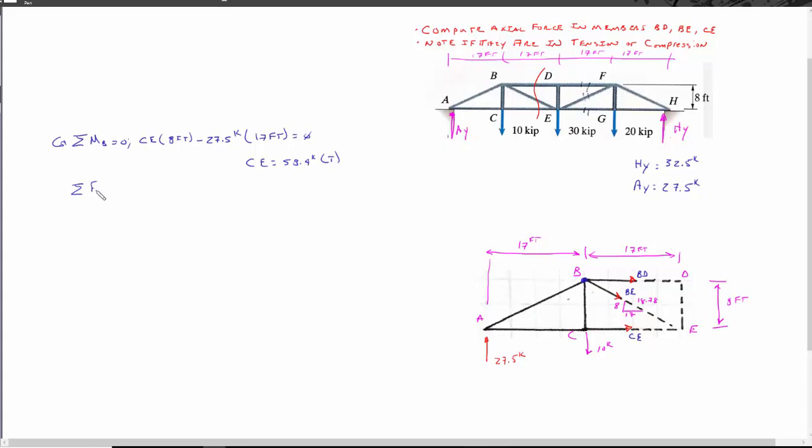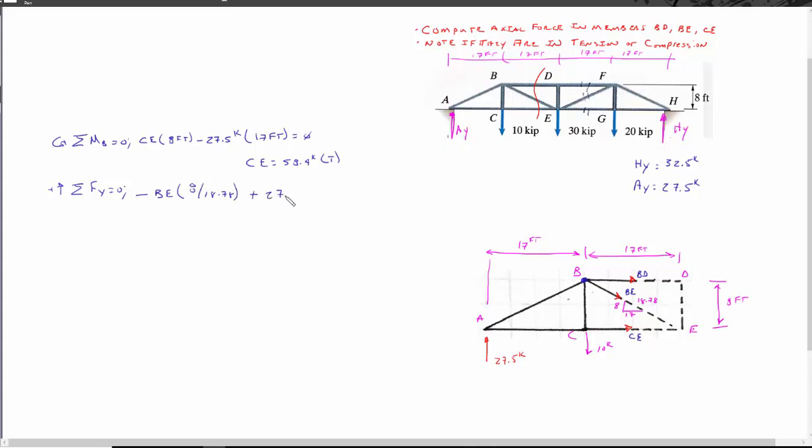Now I can sum my forces in the y. When I sum my forces in the y, my unknown is going to be BE. I have this 10 kips and I have this 27.5 kips. So BE is going to be negative because it's going down, and that's going to be 8 over 18.78. Again, you could find that angle and use sine or cosine depending on what you solve for.